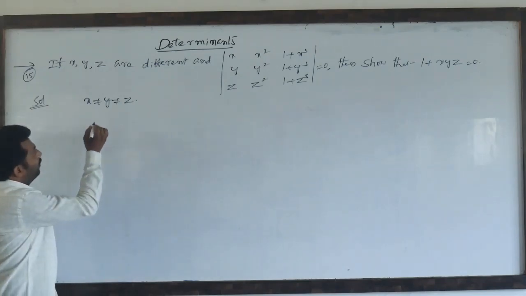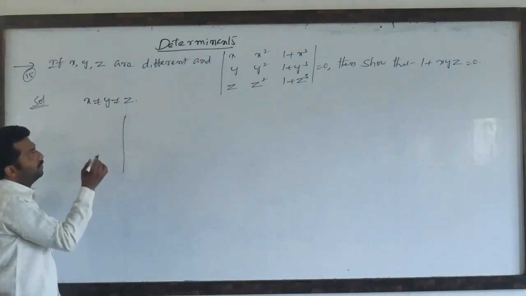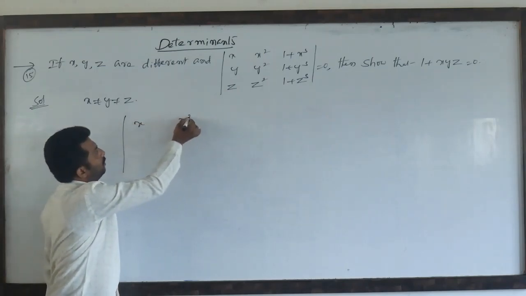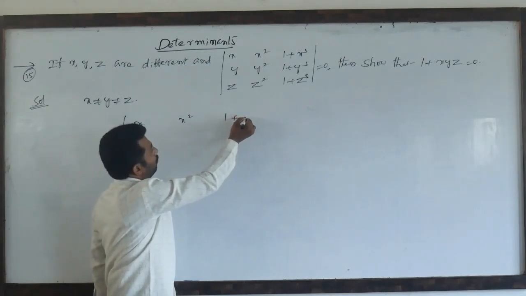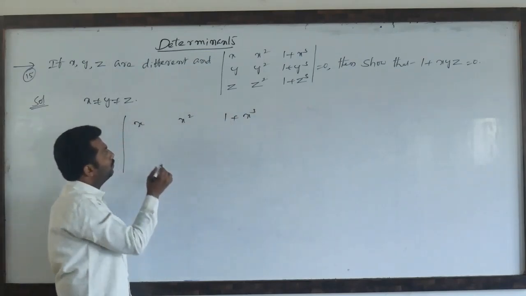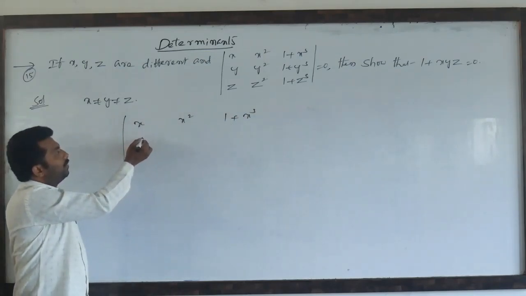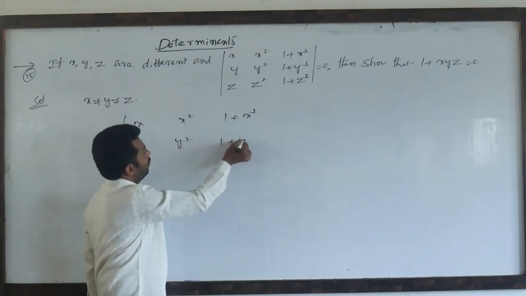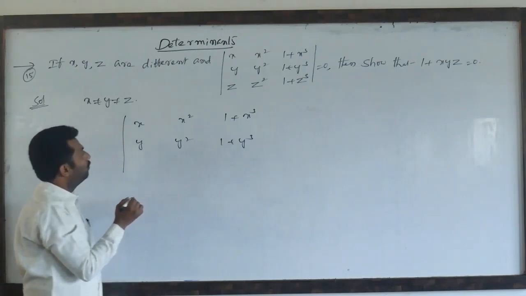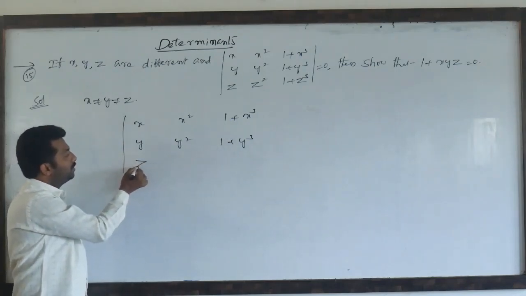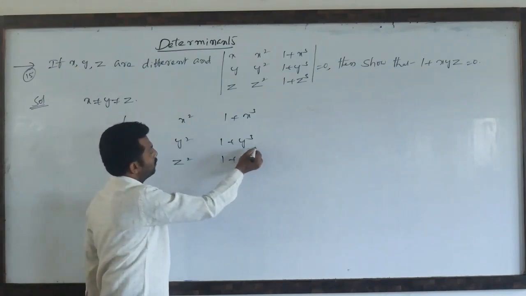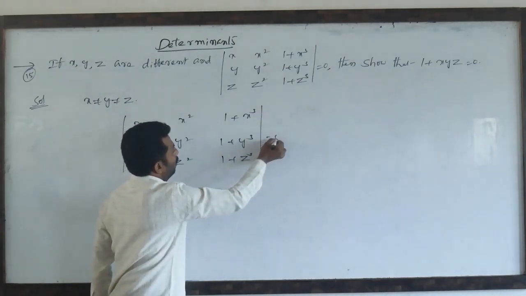So what is the given determinant? We will see once. Determinant of x, x square, 1 plus x cube; y, y square, 1 plus y cube; z, z square, 1 plus z cube equal to 0.